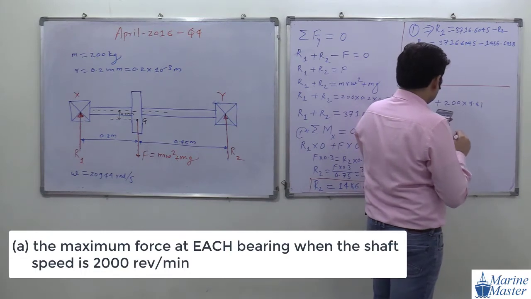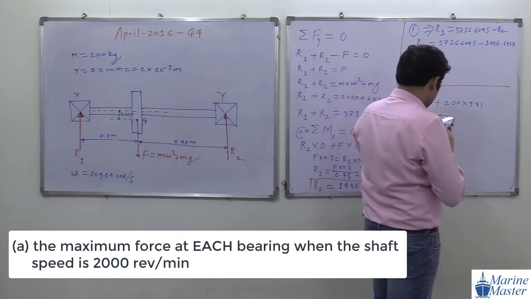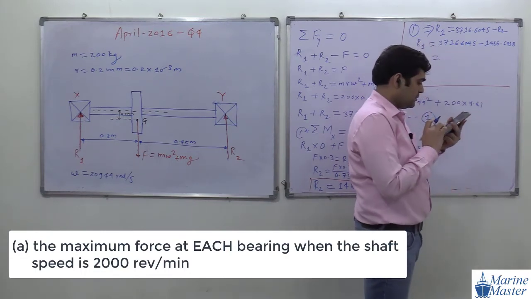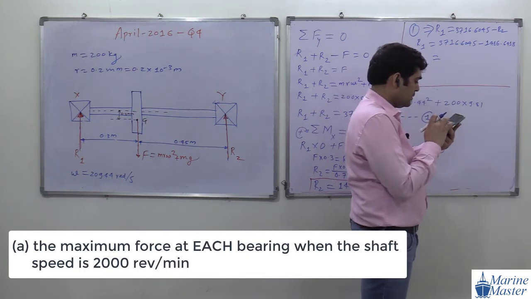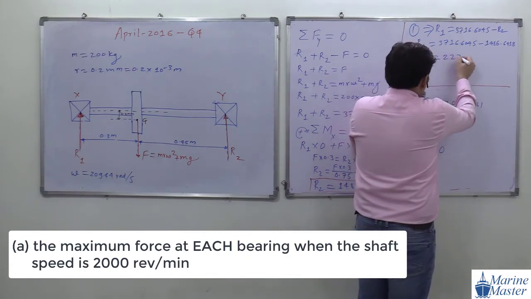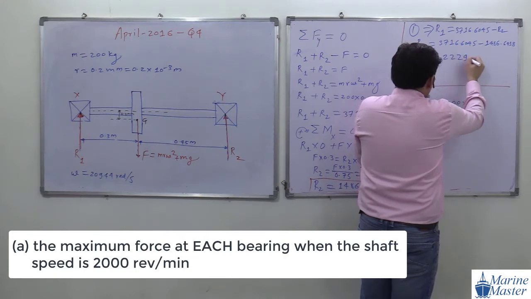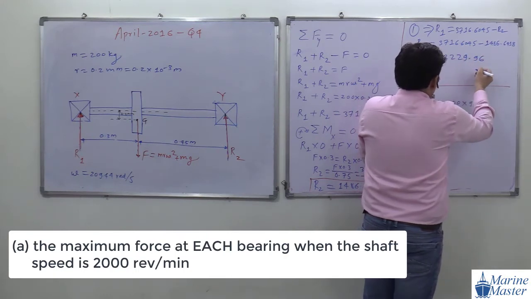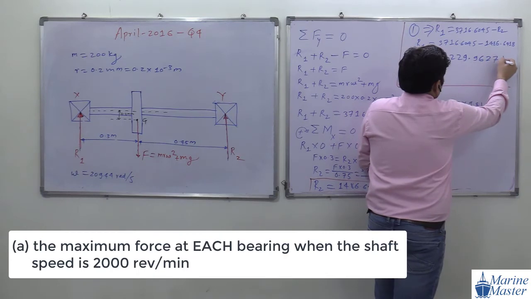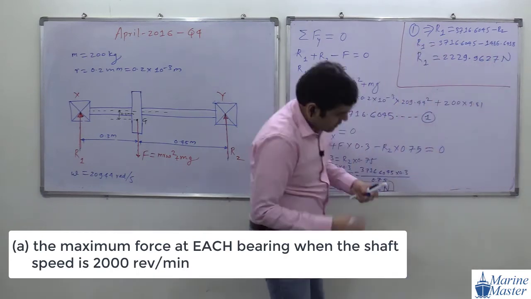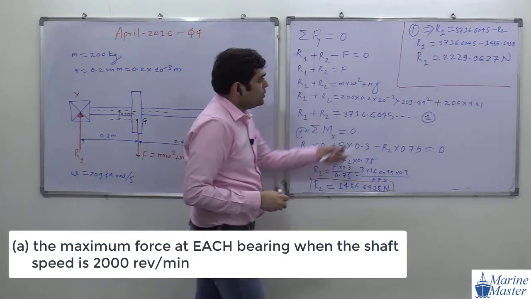2229 Newton. Okay, so in this way we will get the values of R2 and R1.